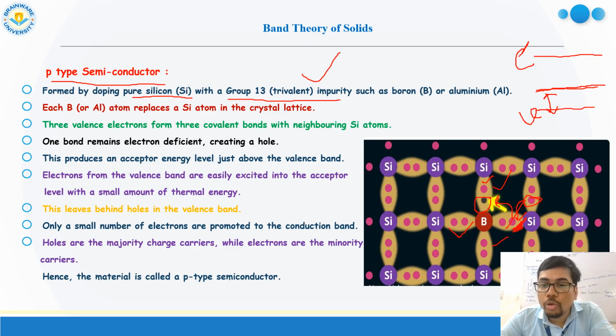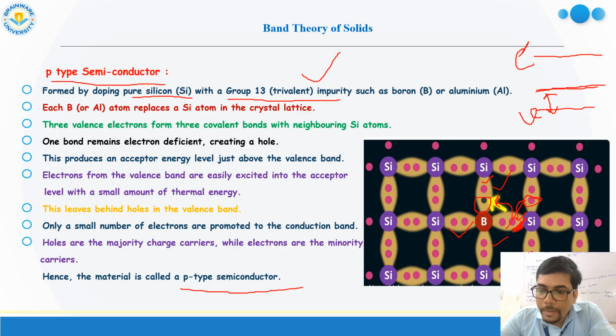So the hole is the majority charge carrier. Here the electricity flows due to the holes. So that's why this is called a p-type semiconductor. You can assume that p is like positive, meaning lack of electrons. So that's why this type of semiconductor is called a p-type semiconductor.